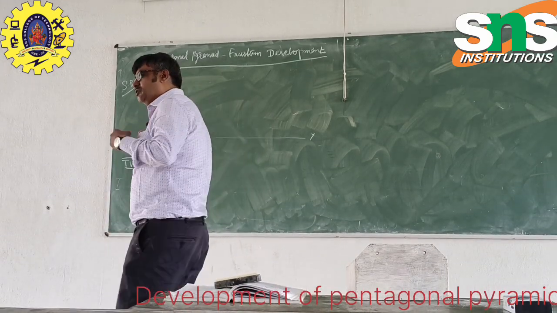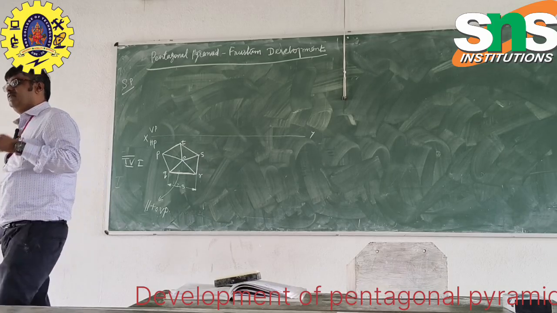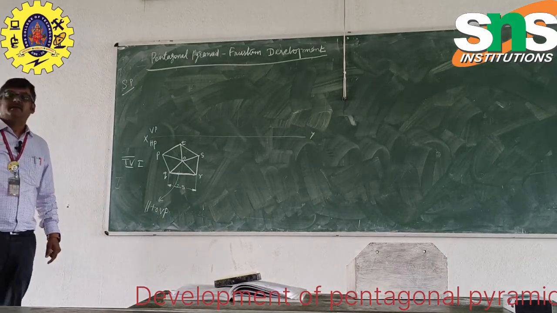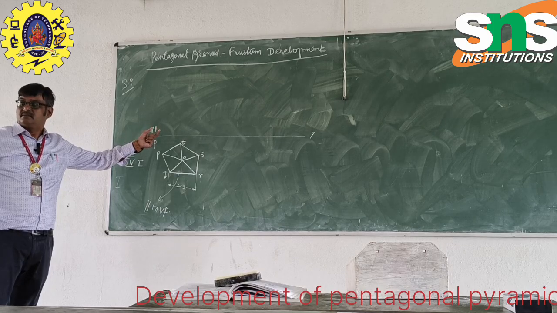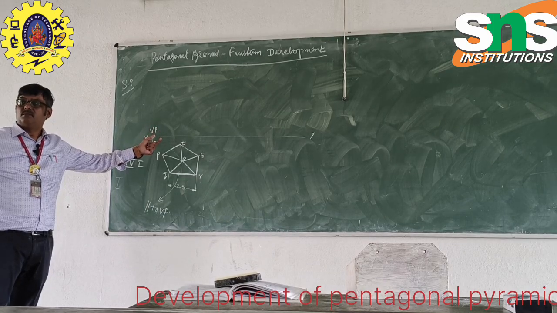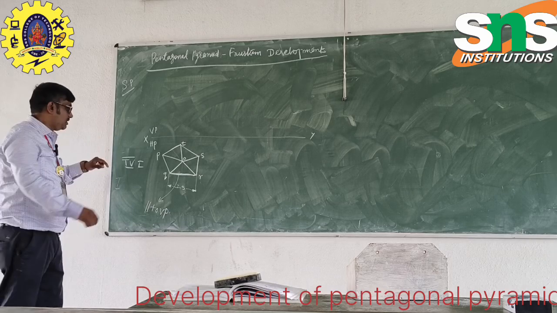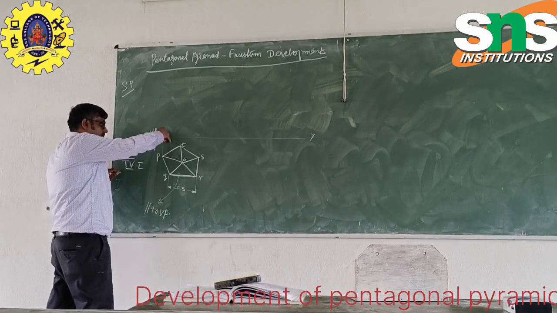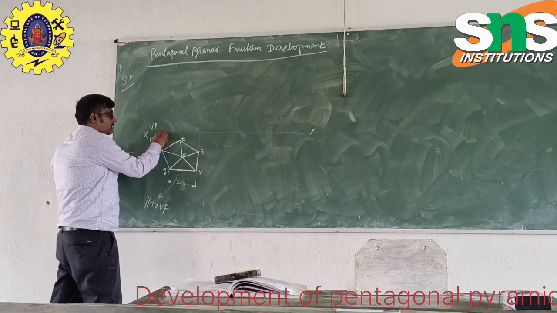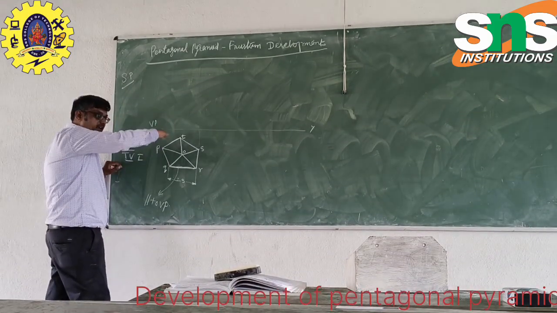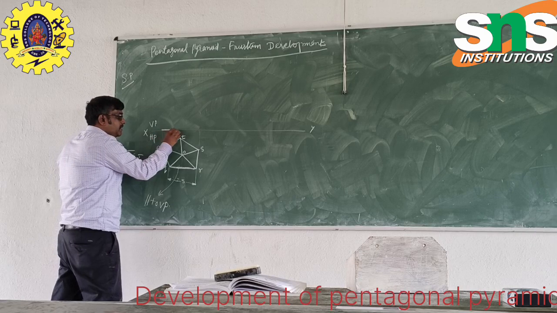So I have to project now from the top view to the front view. I have to elevate from the top view to the front view using what line? Projection line. So P and S. Since it is resting on HP, there should be a dark line here.